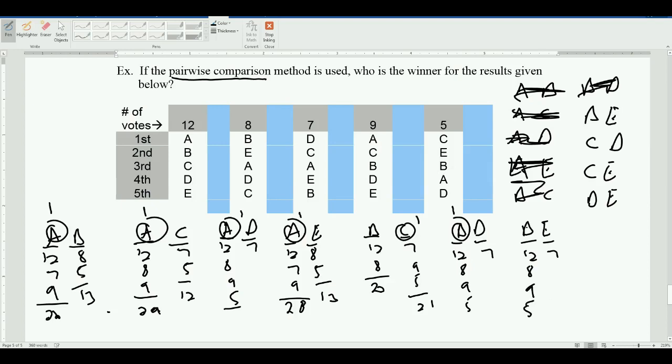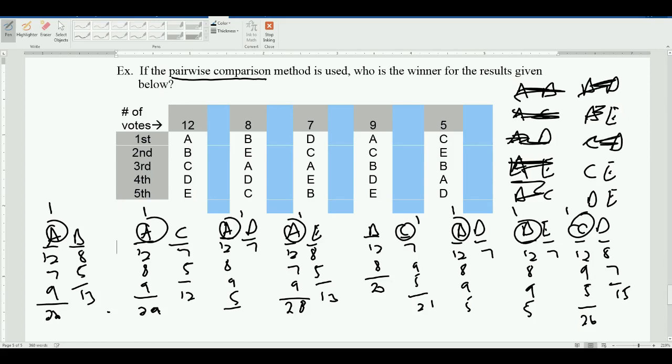Once again, if it's obvious, don't worry about it. Then C versus D. C gets those 12, D gets those 8, D gets those 7, C gets those 9, and C gets those 5. That's 26 versus 15. Just another point for C, or first point for C.